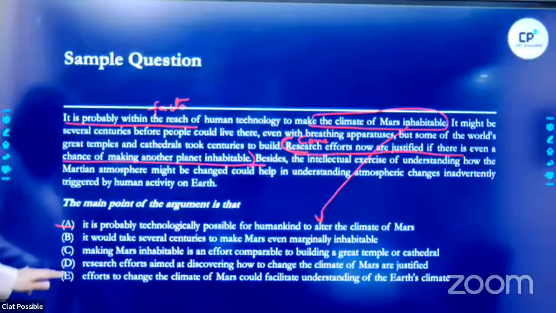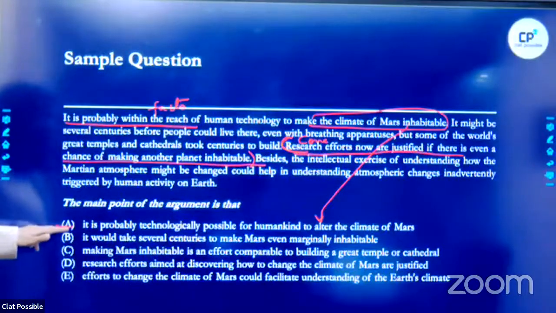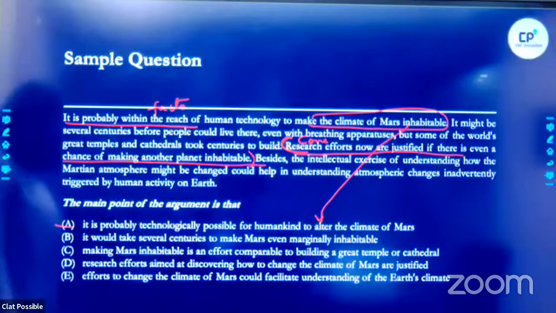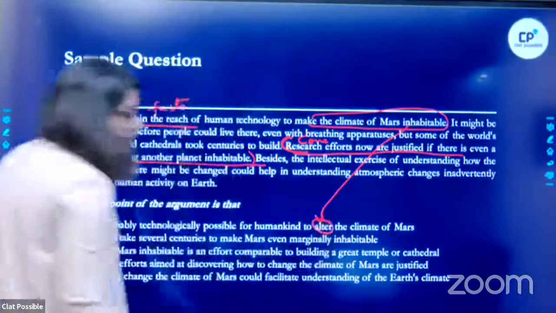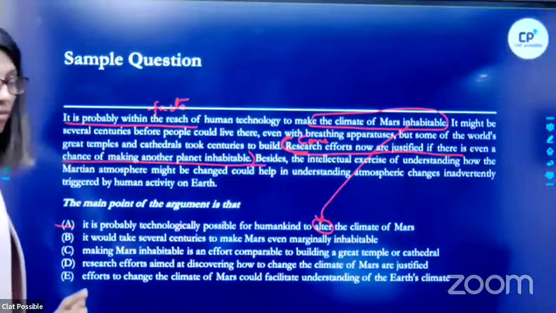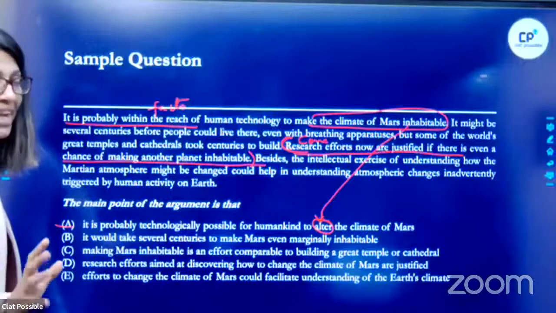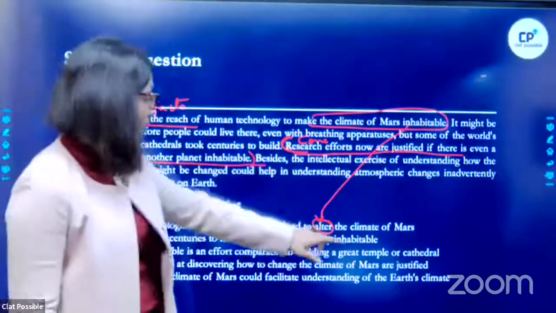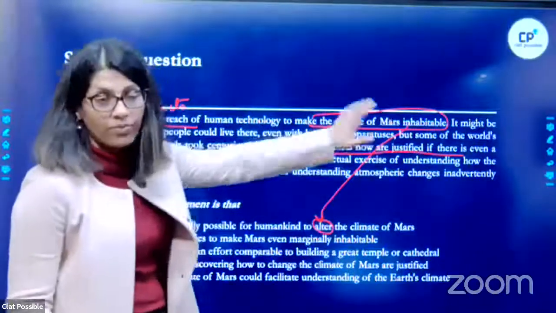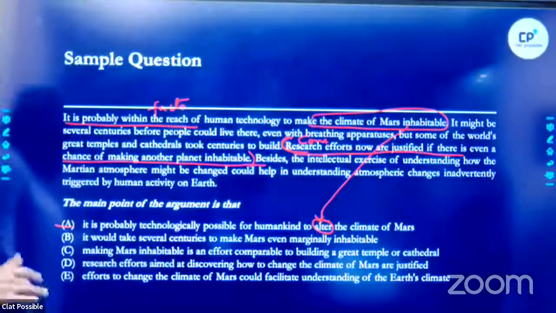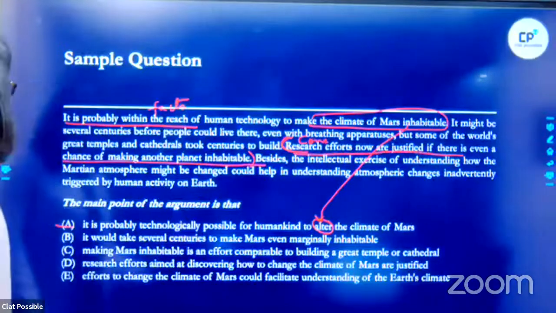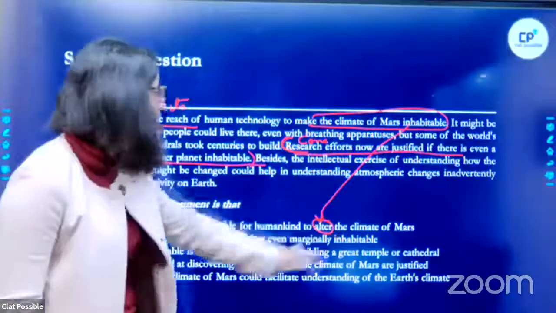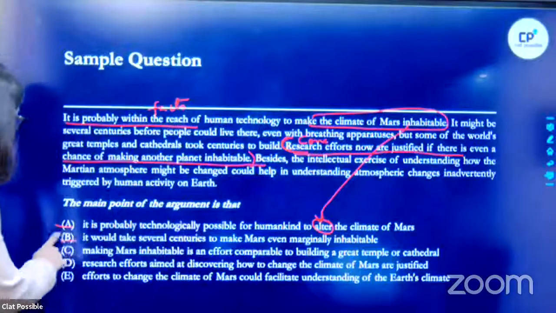So I start reading the options and I see that option A is just repeating one of the facts. And this word alter is not very close to this thing. It is suspect. Why is this suspect? It's a long shot. Inhabitable, does it mean alter? Let's keep it. But still, it's not fulfilling my answer requirement. It would take several centuries to mark. It is another fact.